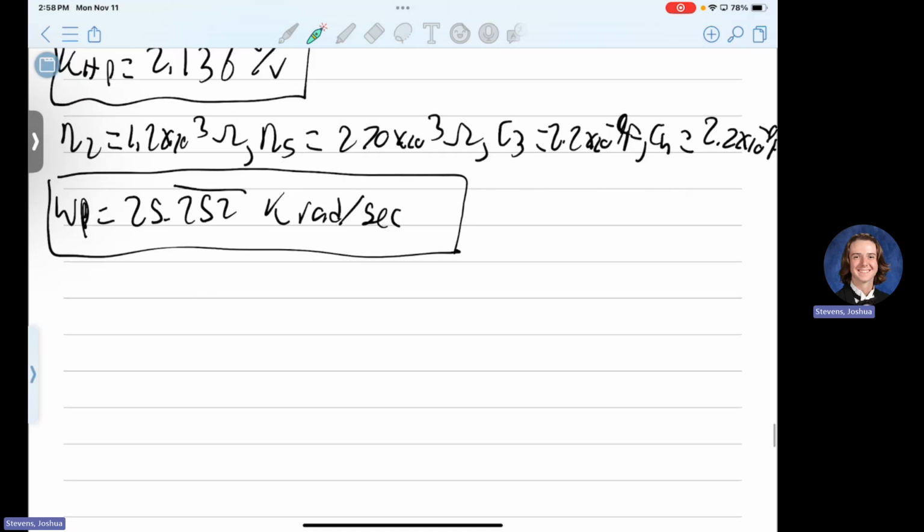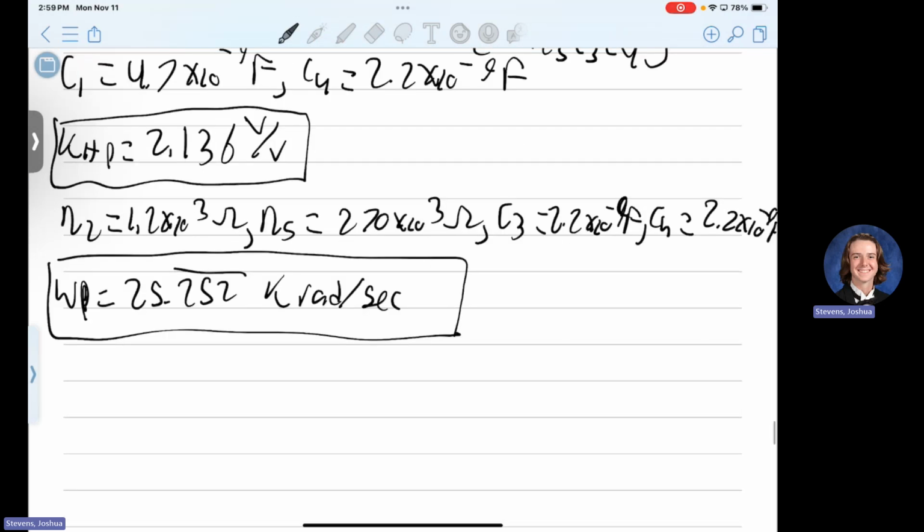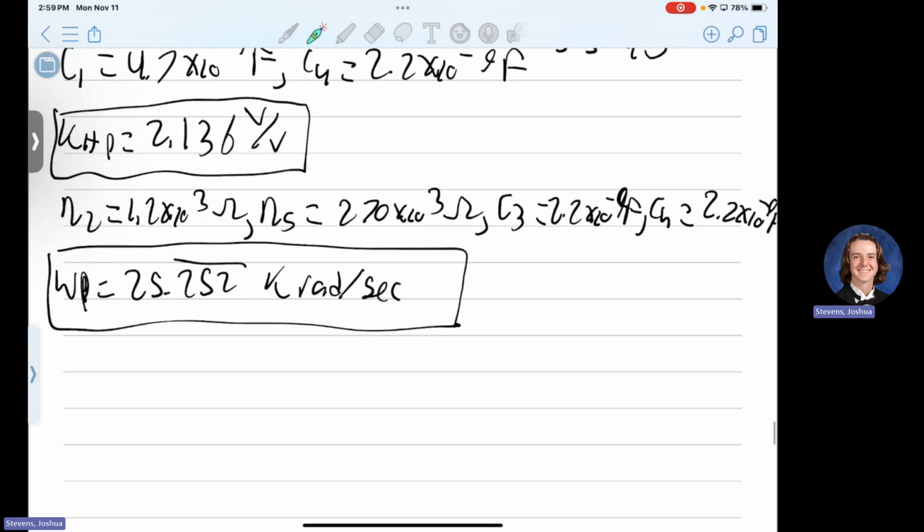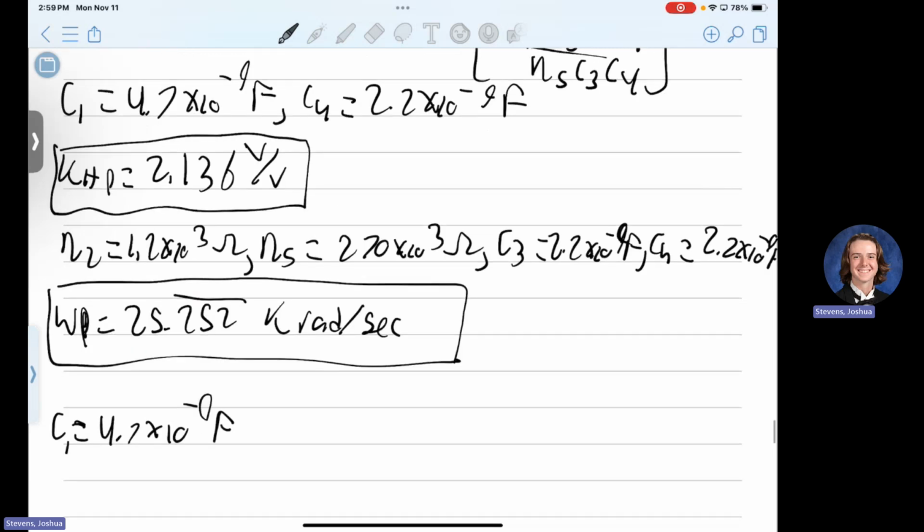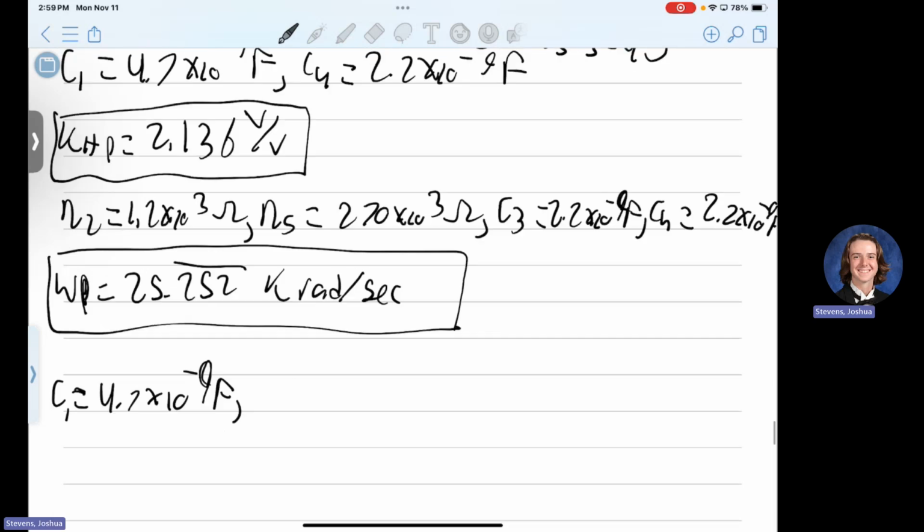And then QP, right? To define QP, we have to have omega P, which we just found. Omega P is this. C1 equals 4.7 times 10 to the negative 9th farads. C3 equals 2.2 times 10 to the negative 9th.